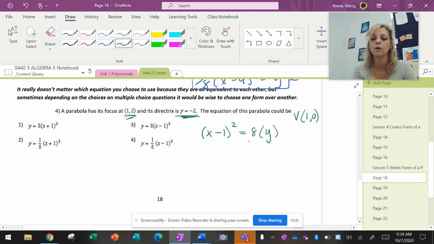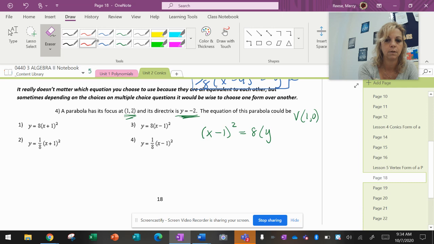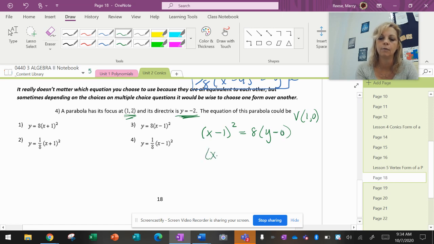But here is the form that I got. Now some of you may have put the 0 in, because the vertex was (1, 0). I don't care, that's fine. But if you do that, remember, that ends up being actually an 8y.